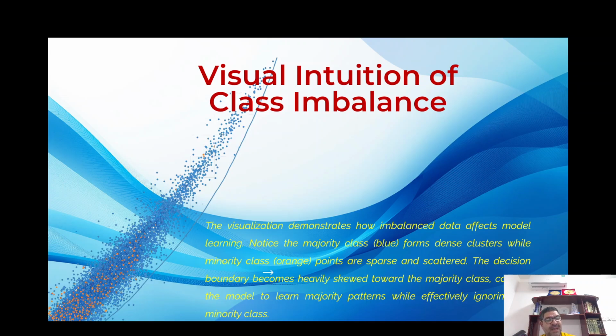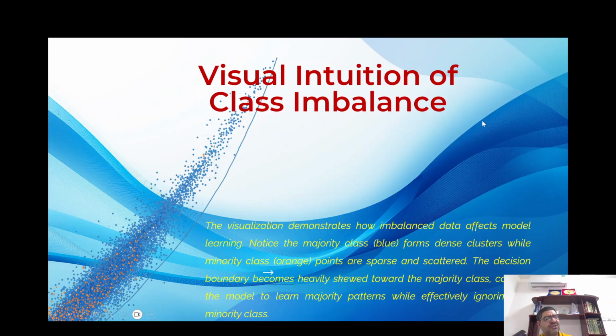We notice that the majority class forms dense clusters, while the minority class is sparse and scattered. On the left hand side, the majority class is shown in blue, and the minority class is shown in a different color, orange.